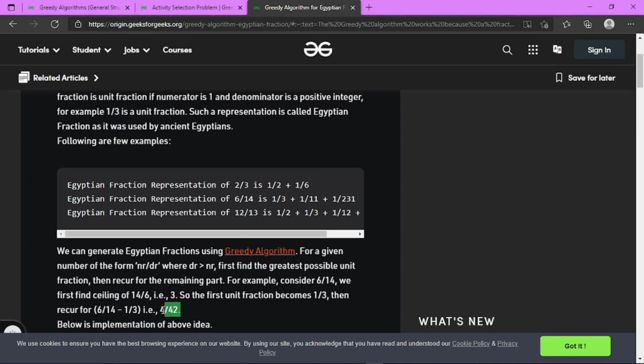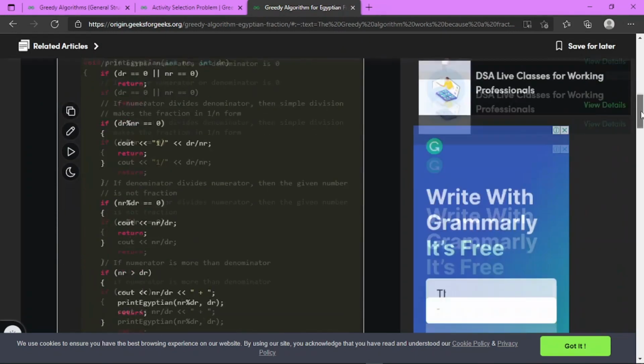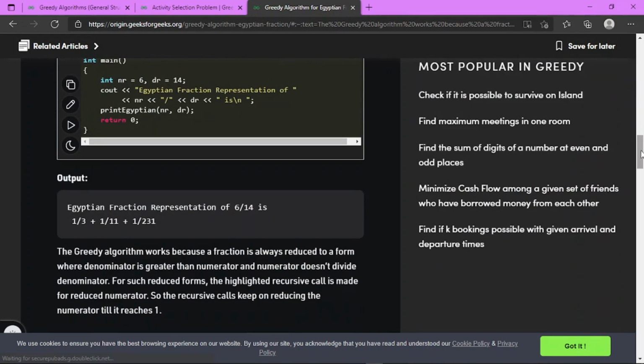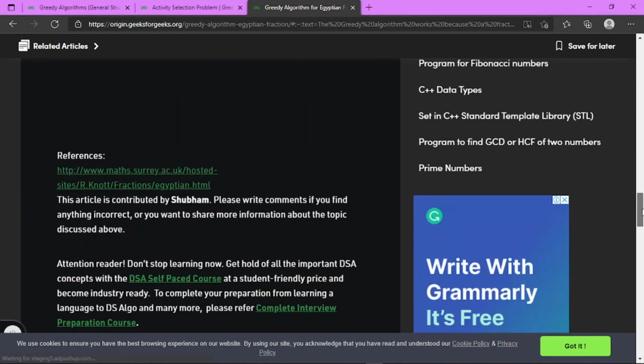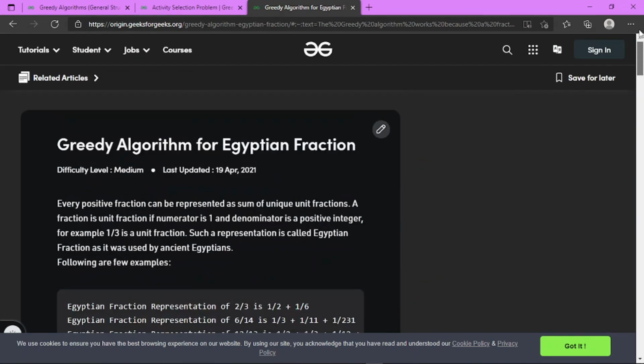So 1 by 3 and 4 by 42 is our answer. You can look at this problem as well.